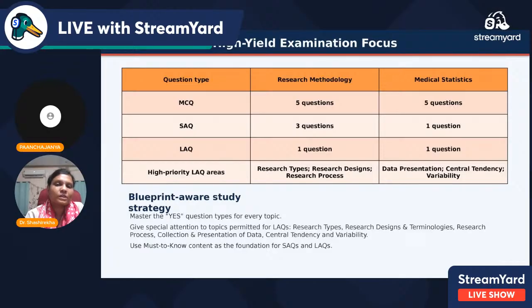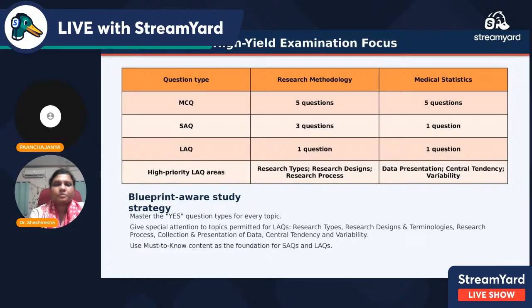These are the important areas where you have to concentrate. Got it? And data presentation, central tendency, and measures of variability. These are the questions which you have to concentrate on much. If you read these topics mainly, you can get the maximum number of marks, and you may be able to attend the maximum number of questions.